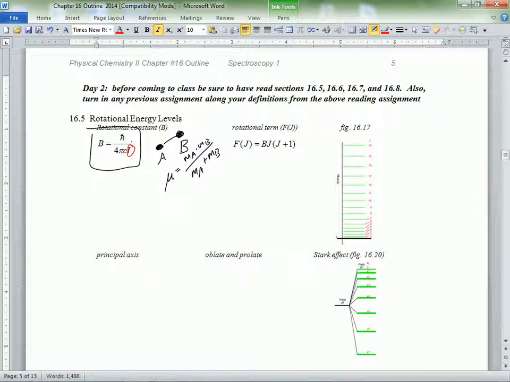So r would be what? The distance between the two, which you would call the bond length, the bond distance. I just wanted to bring that out. It kind of looks ugly, this whole thing, but you really don't need to worry about it. Only equation 1.